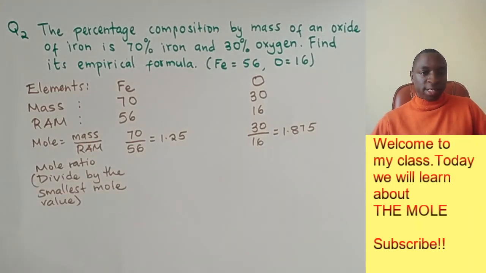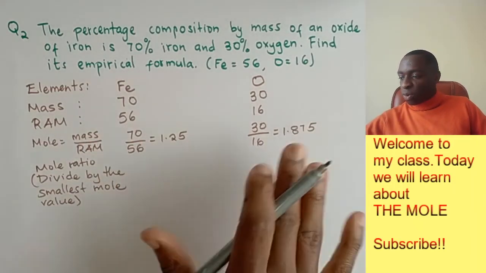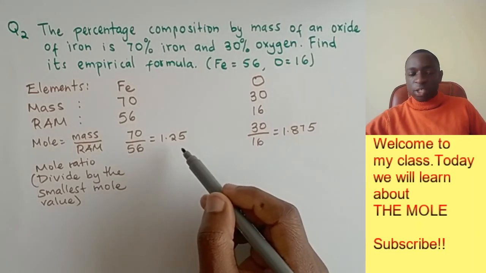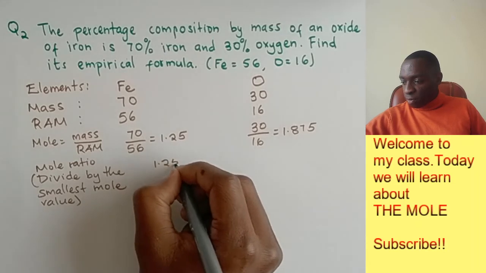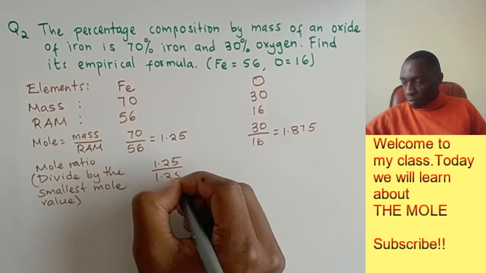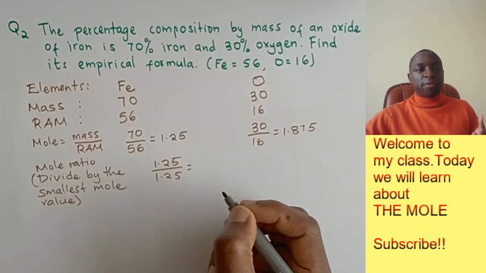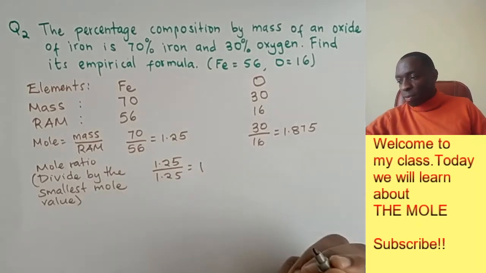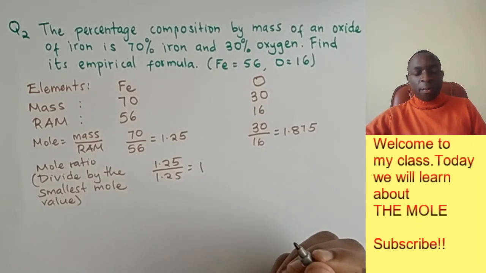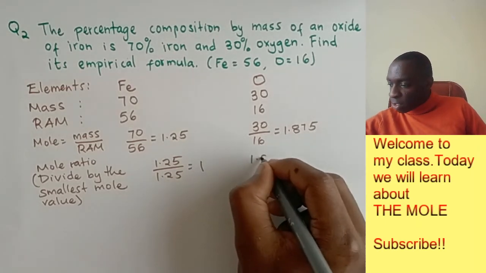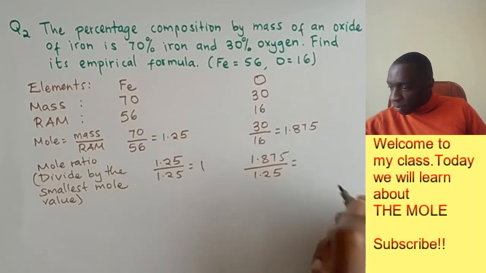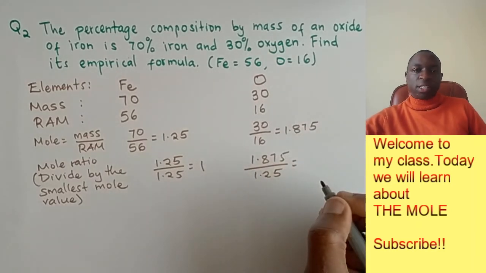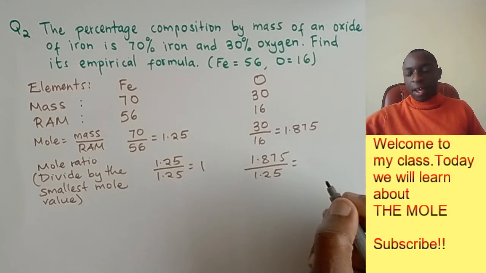You check between these two, the smaller one is 1.25. So we have 1.25 divided by 1.25, which gives 1. Then we divide 1.875 by 1.25. When you calculate this, you end up with 1.5.